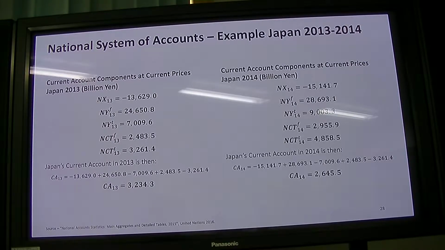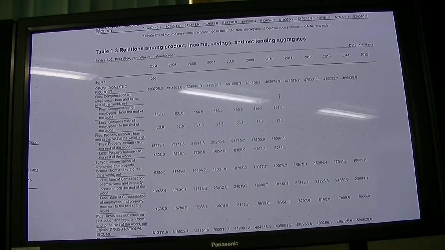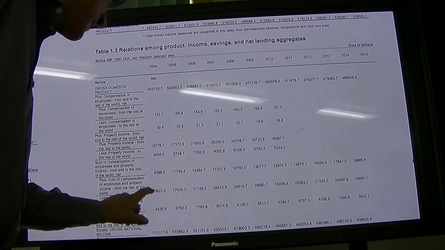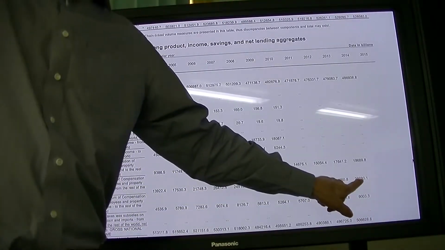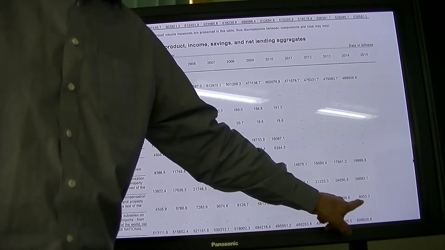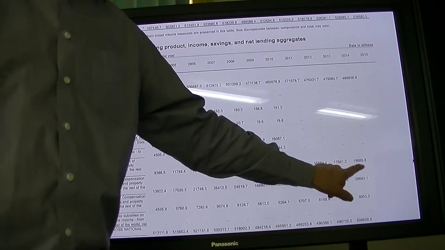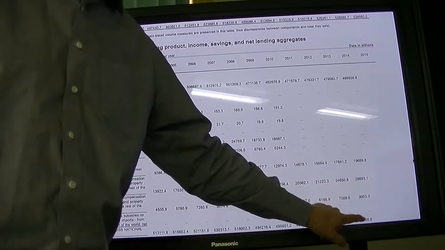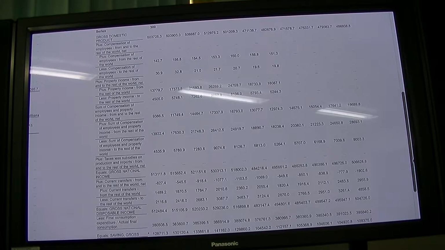There's the net here, this figure, 28,693. That comes right there. That's payments from the rest of the world and payments to the rest of the world. So from and to, and that's the net. But I've broken those out so we can see the detail of that. So that's where that number comes from.